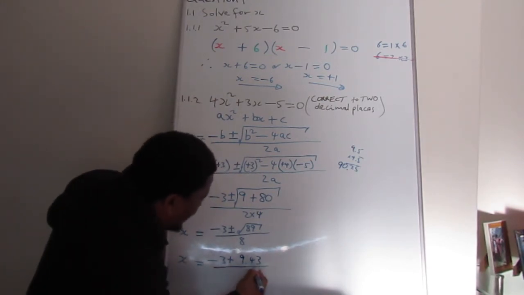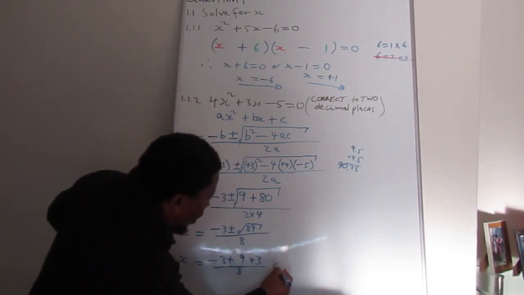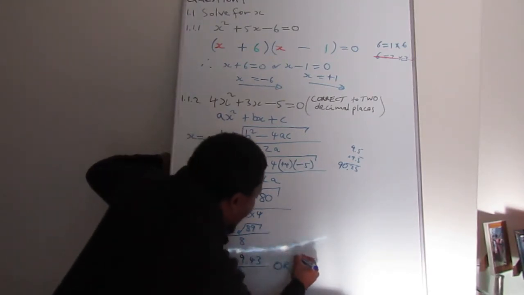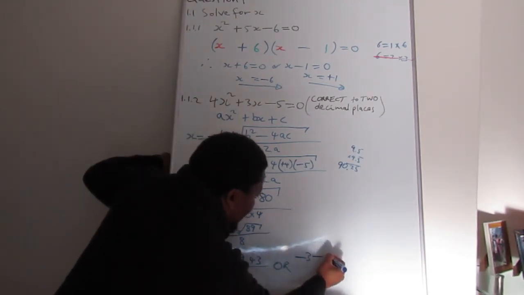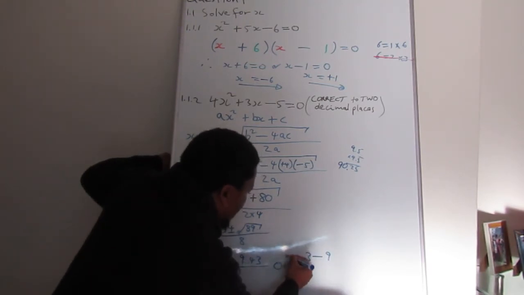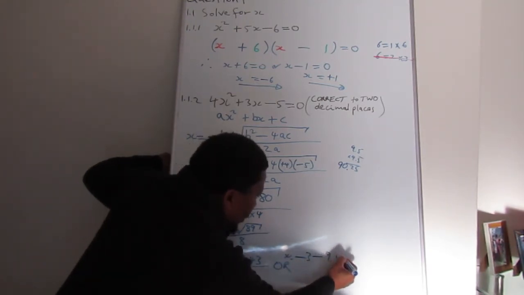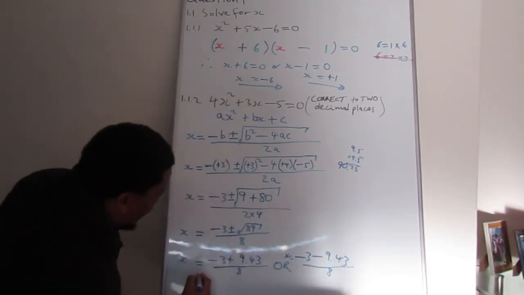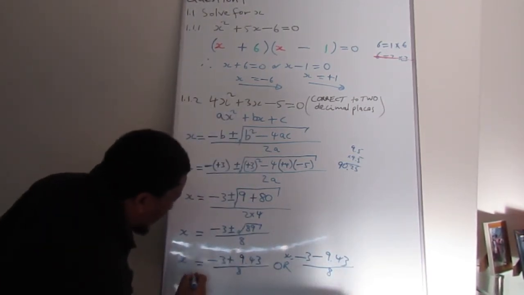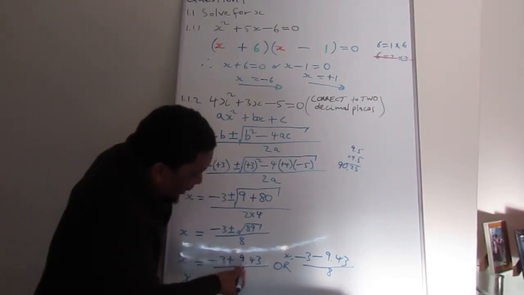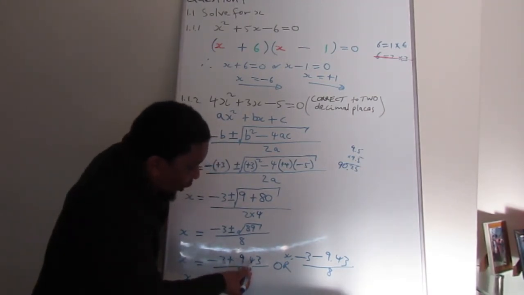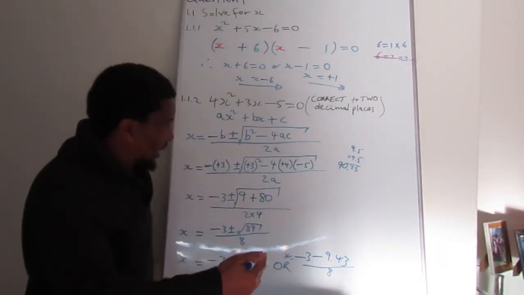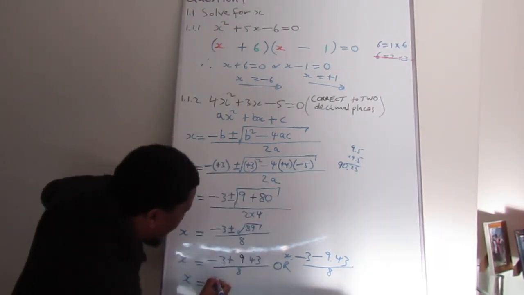Remember I've got a positive and a negative. So x is equal to minus 3 plus 9.43 all over 8. Then I can solve this. Minus 3 plus 9.43 gives me positive 6.43.